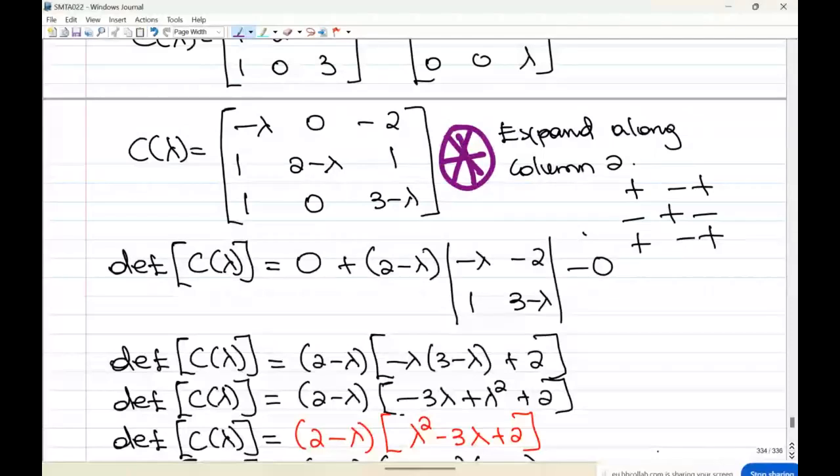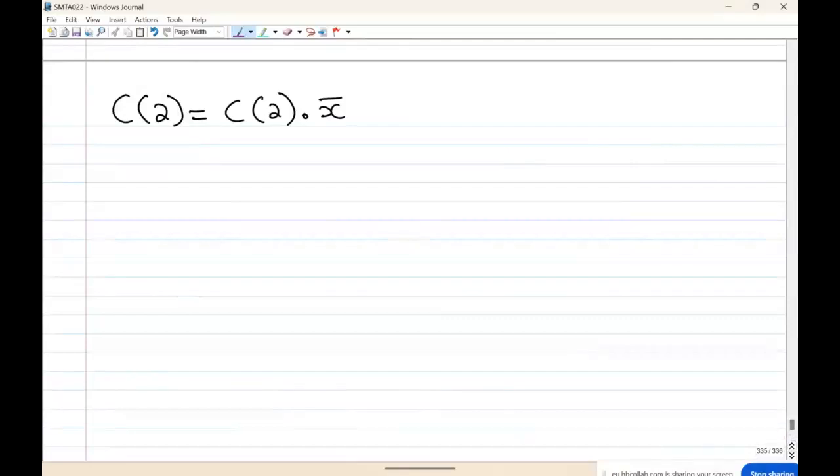What do we have? We have minus lambda, 0, minus 2, 1, and then 2 minus lambda, and then 1, and then 1, 0, and then 3 minus lambda. So now, if you go down to this, remember this one is equal to a 0 matrix.